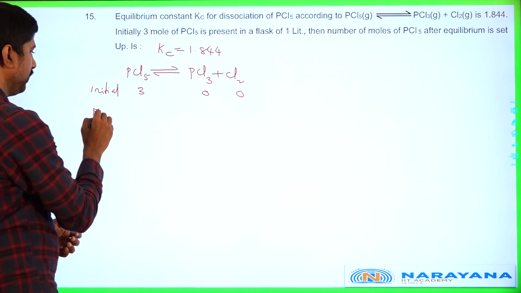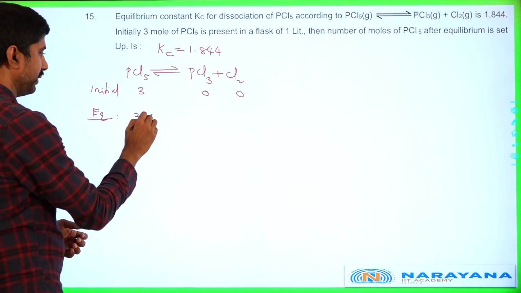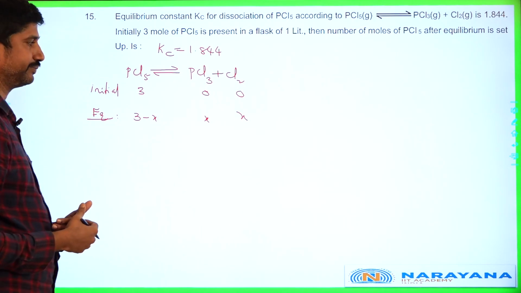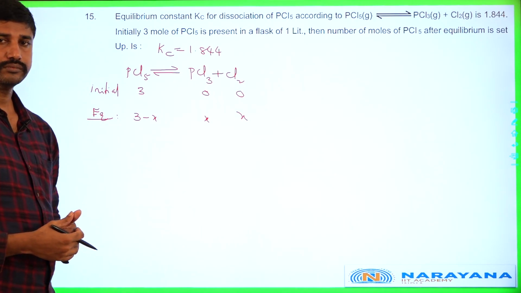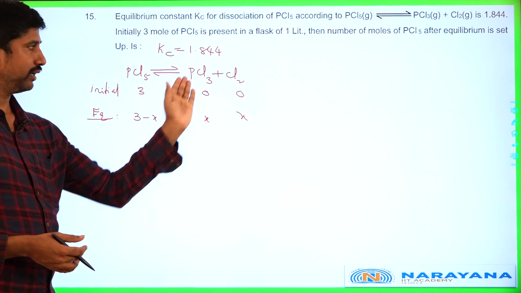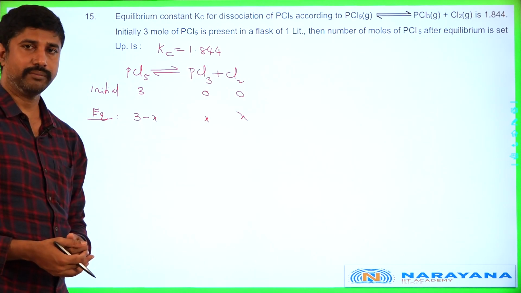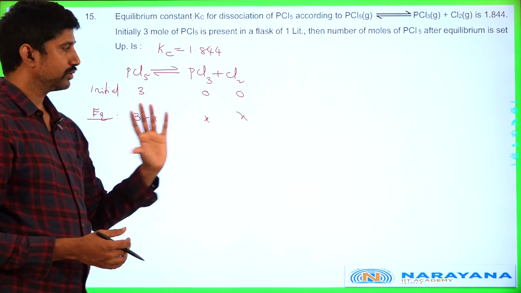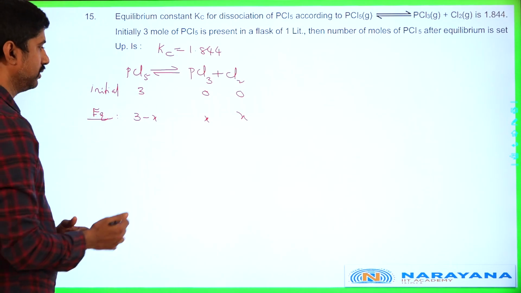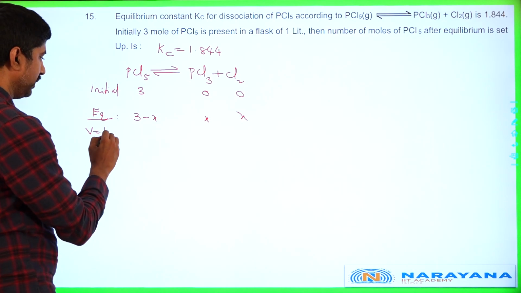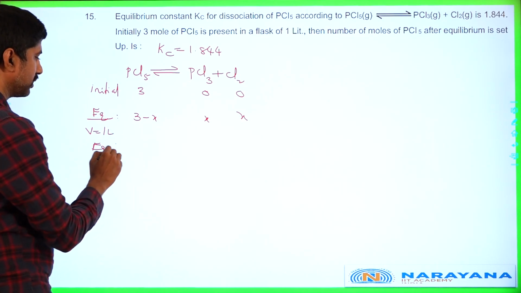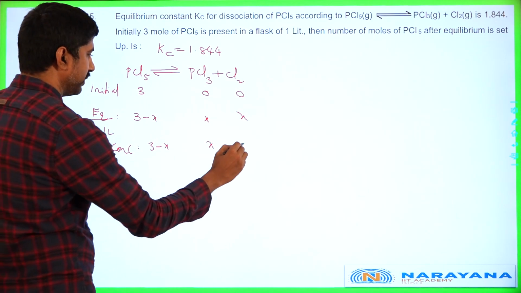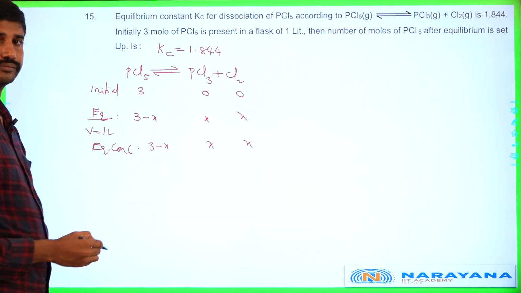Then equilibrium moles will be 3 minus x for PCl5, x for PCl3, and x for Cl2. Substitute them in the Kc expression. Volume is 1 liter, so equilibrium concentrations remain the same: 3 minus x by 1, x by 1 and x by 1.